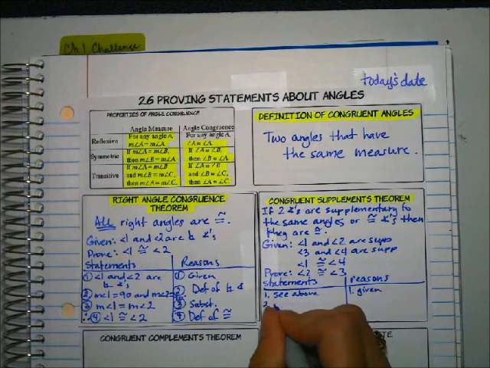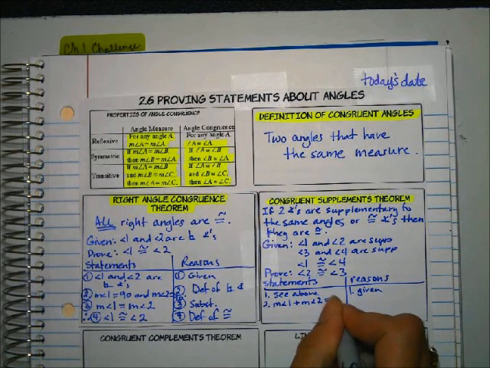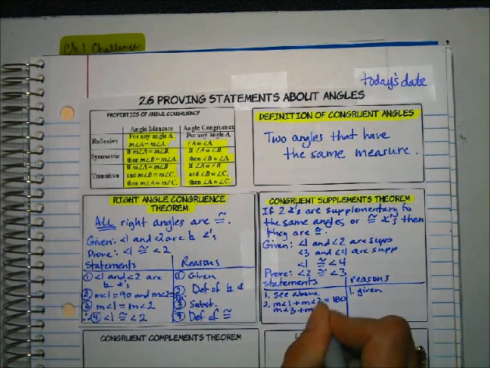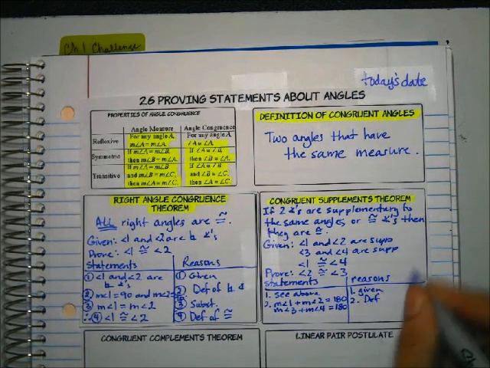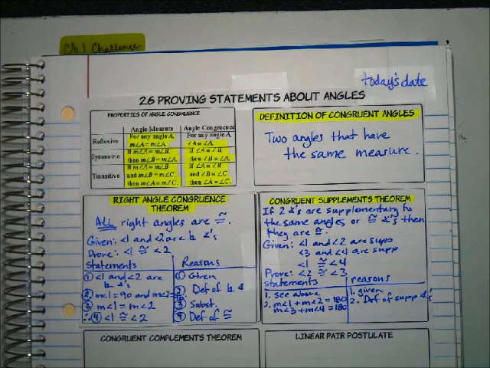So number 2, the measure of angle 1 plus the measure of angle 2 equals 180. The measure of angle 3 plus the measure of angle 4 equals 180. That's just the definition of supplementary angles. That's just the way they work.